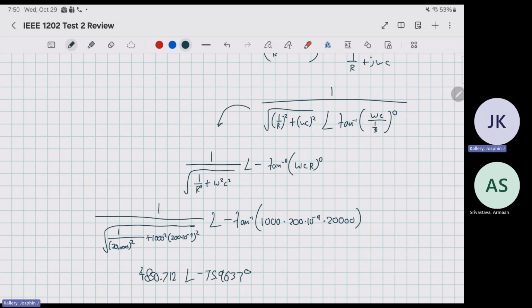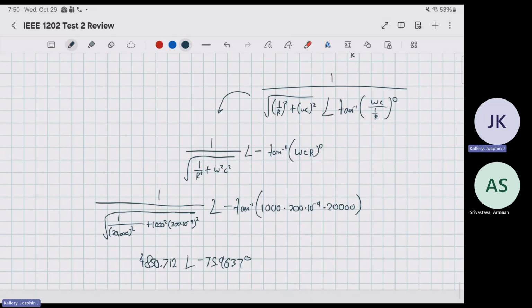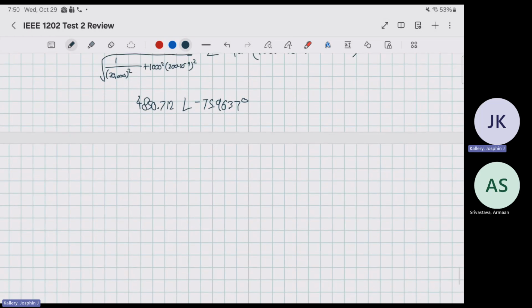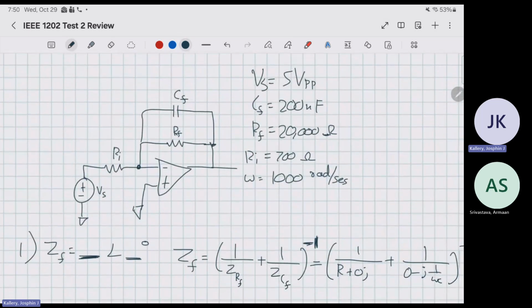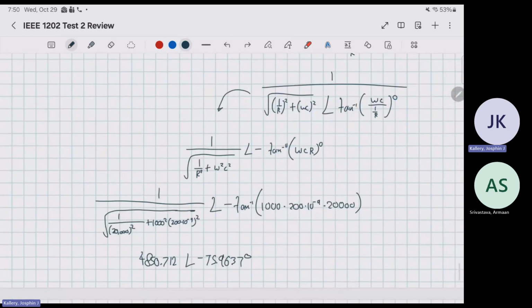Okay, the next part is not that bad, I promise. Next part is now we're asking for what is the impedance of our input resistor. So we want to find Zi. If you scroll back to this, right, we're finding the impedance of a resistor, and it's a very simple formula, right?